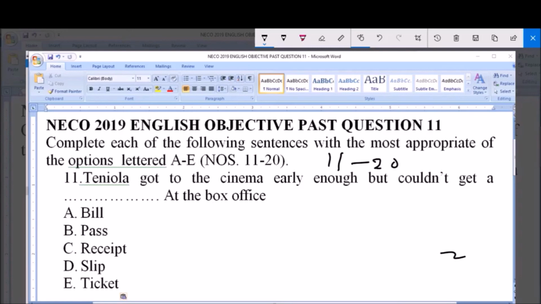And the sentence here says, Teniola got to the cinema early enough but couldn't get a dash at the box office. Teniola got to the cinema early enough but couldn't get a dash at the box office.